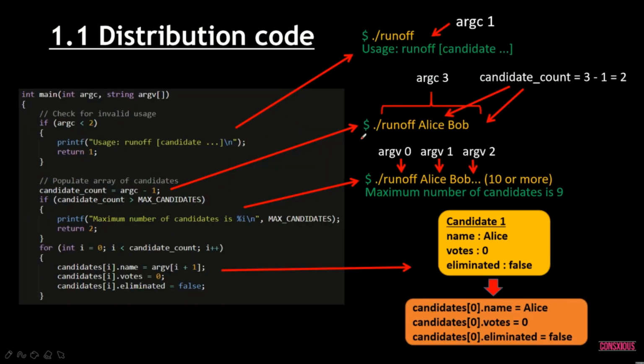So next we'll go through int main, int argc, and string argv. From here, it checks for invalid usage. If argc is less than 2, the program is going to print out this statement. It means that when a user types ./runoff without anything else, this is argc 1. This is not what we want.